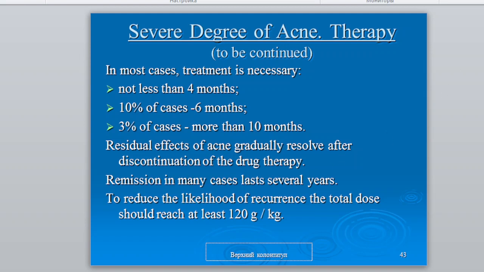Residual effects of acne gradually resolve after discontinuation of the drug therapy. Remission in many cases lasts several years. To reduce the likelihood of recurrence, the total dose should reach at least 120 grams per kg.